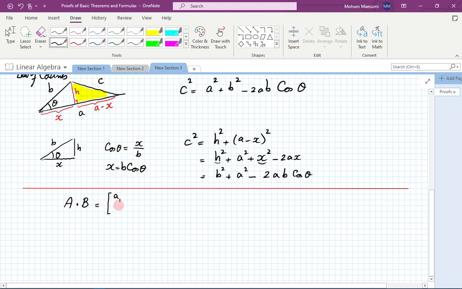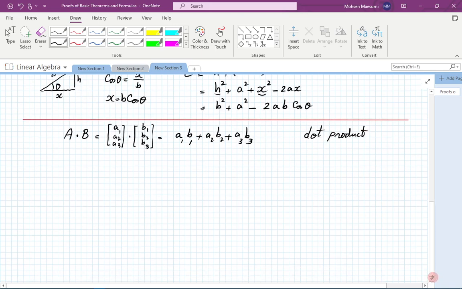Suppose A is a1, a2, say a3, as many elements as you might have, and B could be b1, b2, b3, as many elements as that one has. Then the dot product was: multiply the first entries, multiply the second entries, multiply the third entries, and add them up, get one number at the end. That was the definition of the dot product.